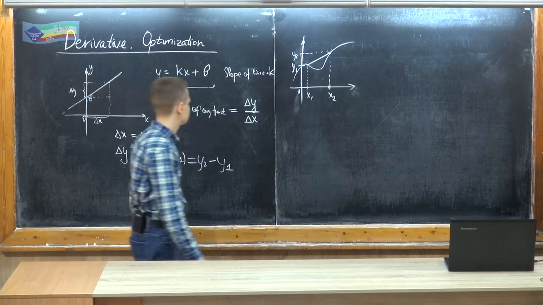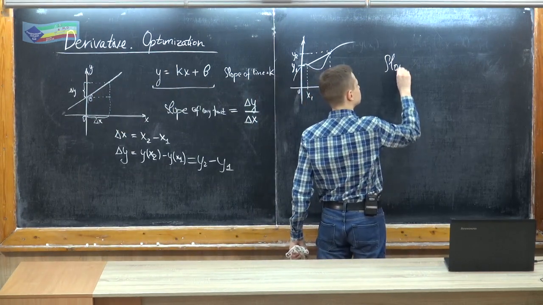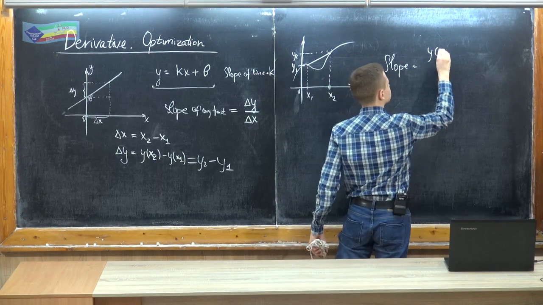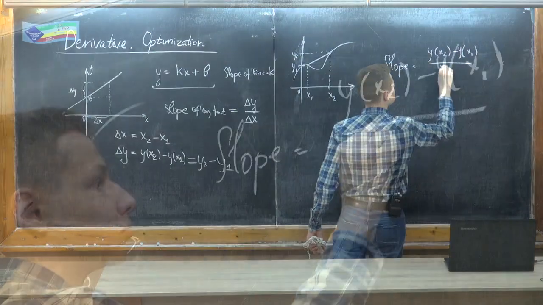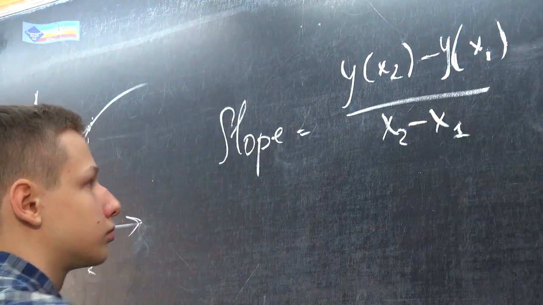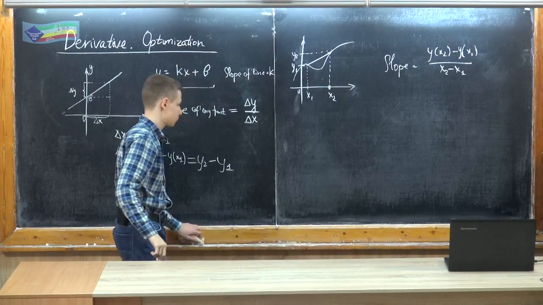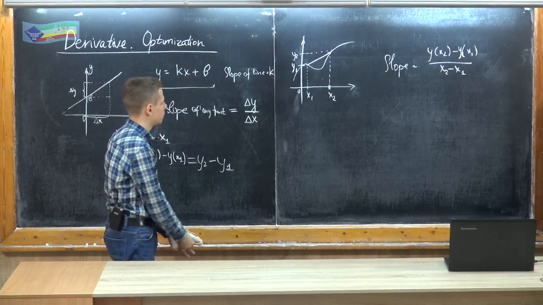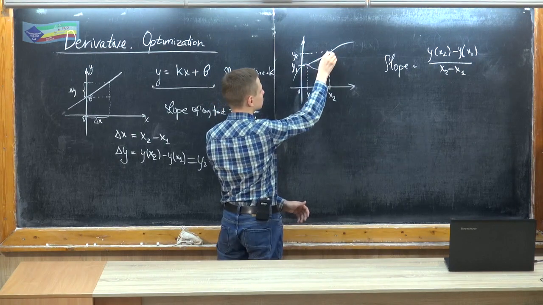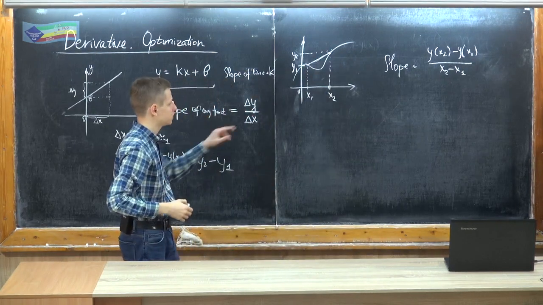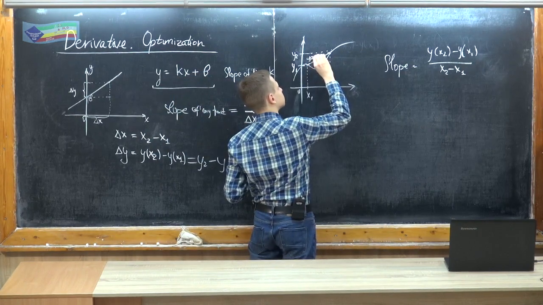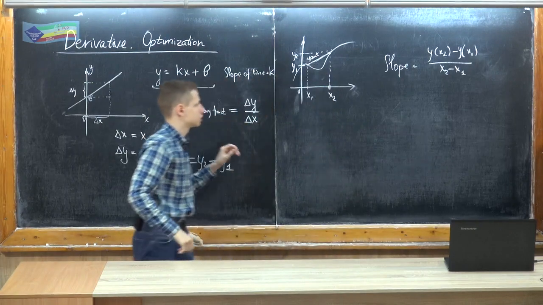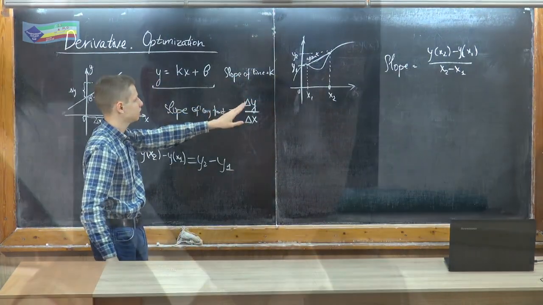And the slope is equal to, and in fact we can see that we can draw a line between these two points, and it's called a secant, and we can see that the slope of this secant, because it's a line, is equal actually to the slope of this function.